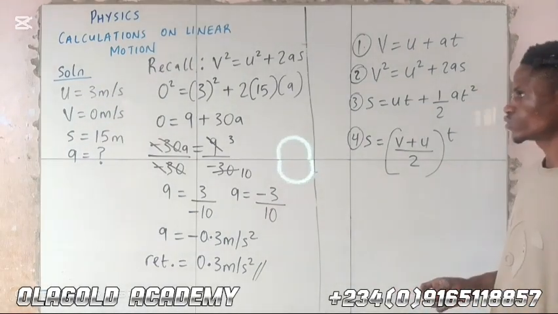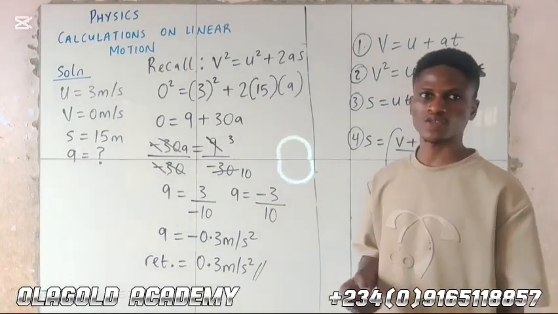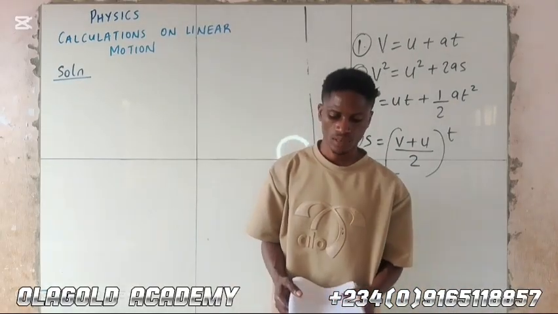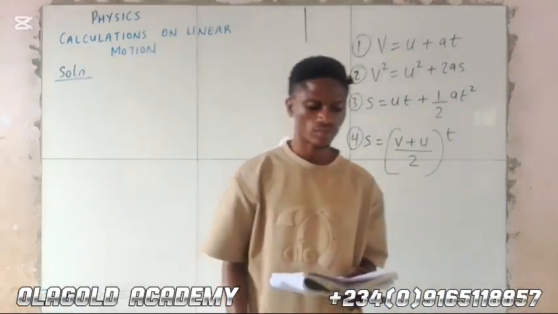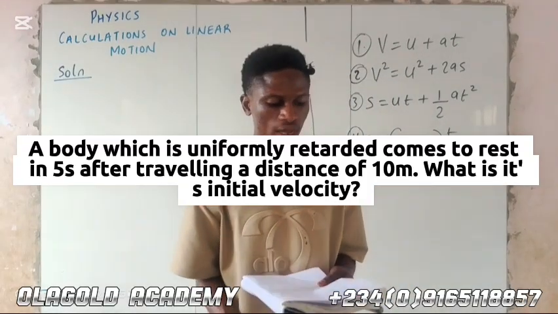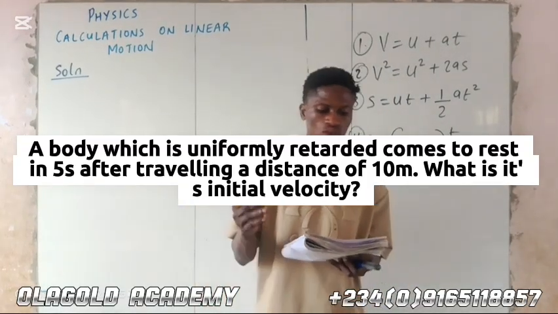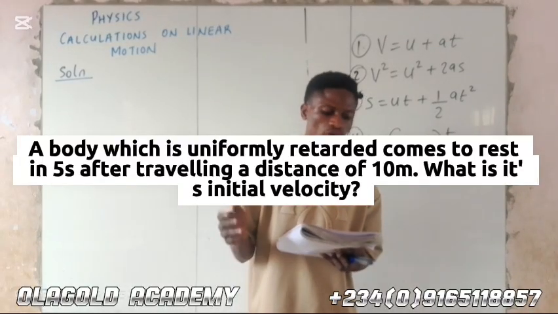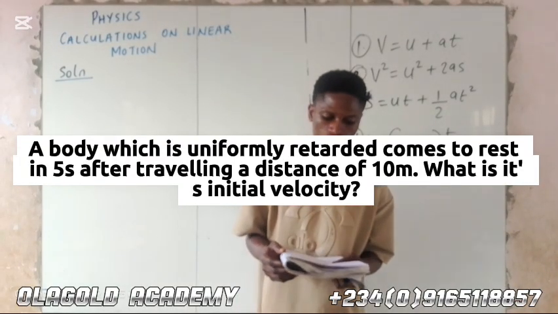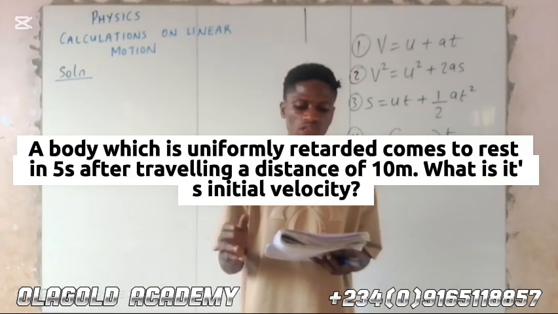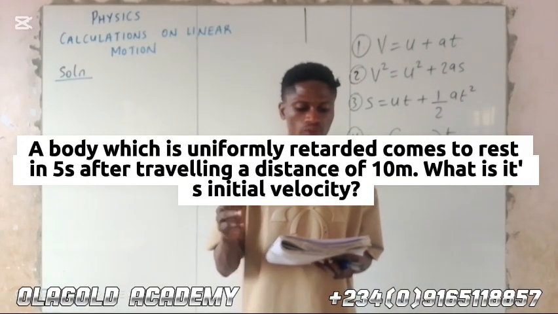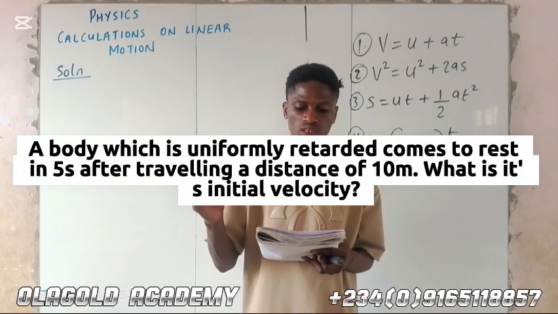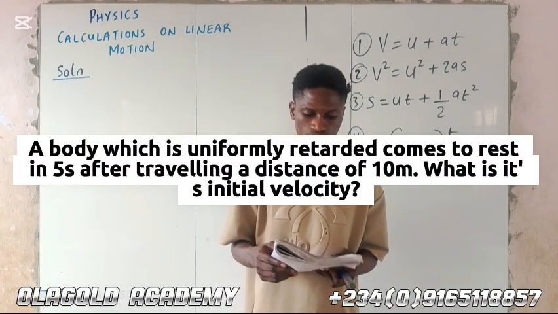Alright, now let's go into the third question, which is the last question for today's class. Question 3 says that a body which is uniformly retarded comes to rest in 5 seconds after traveling a distance of 10 meters. What is its initial velocity?